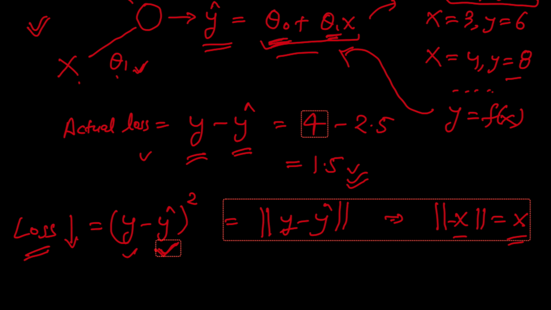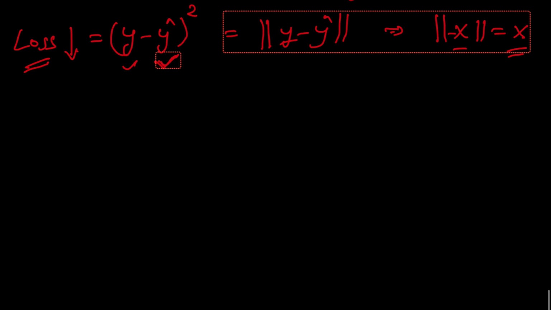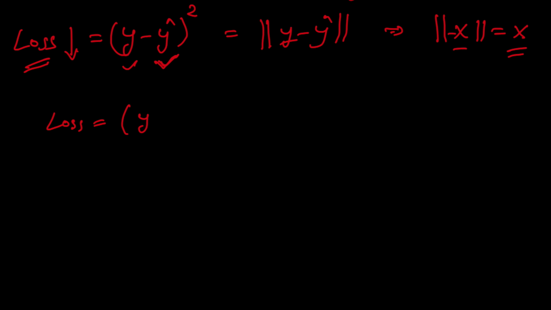So let's understand something. This loss is y minus y cap squared, where the prediction y cap is theta naught plus theta 1 x, right?